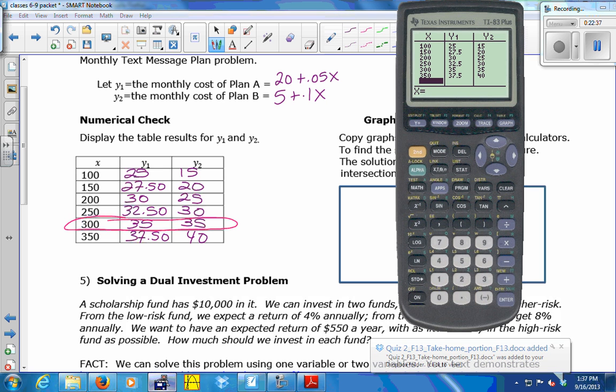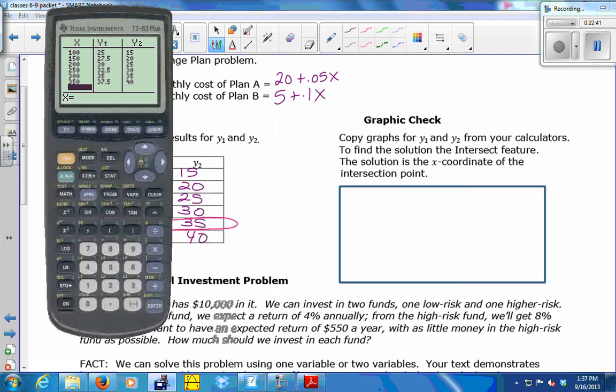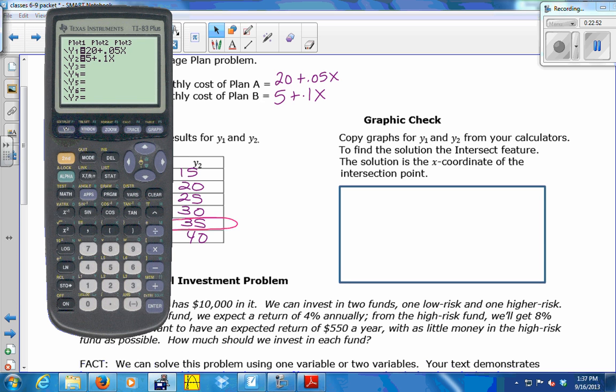And then we can graphically solve this problem by looking at a graph of y1 and y2. The solution you find using the intersect feature is the x-coordinate of the intersection point. So I'm going to go to y equals, I already have my equations there. I have to choose a window that makes sense. So what was x representing here? Amount of text messages.